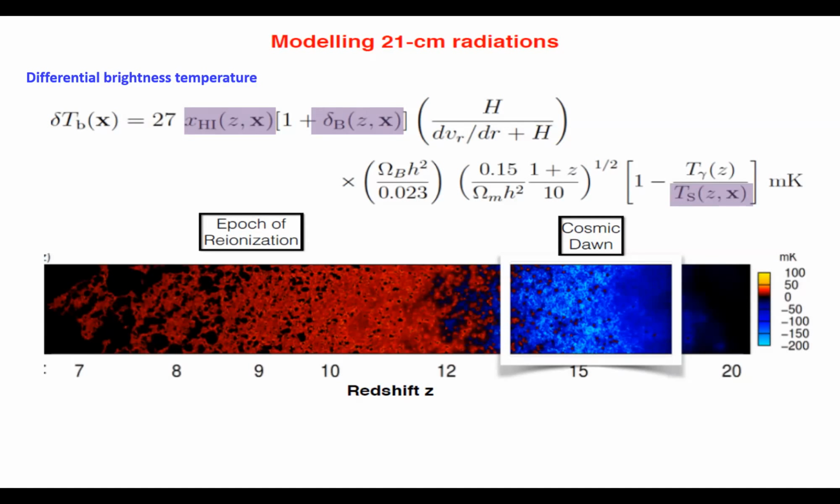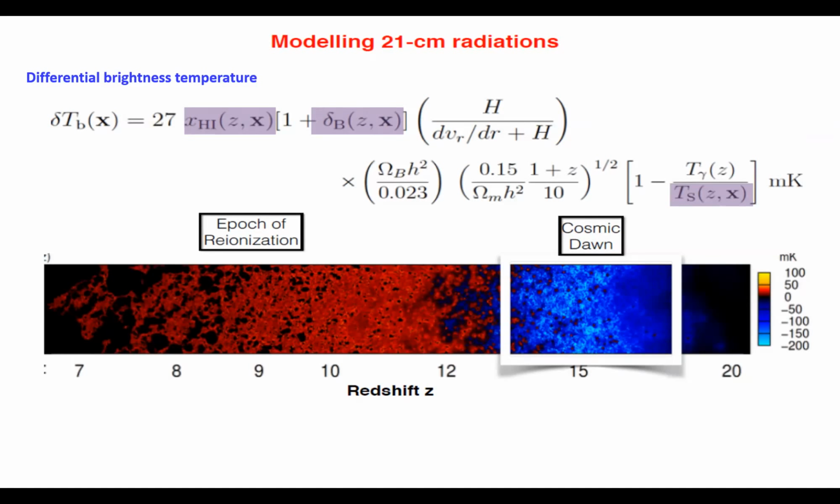You cannot model it in detail, and in order to understand the signal properties in detail, you have to model it through numerical simulations. And there are many simulations that can simulate the differential brightness temperature maps at different redshifts.